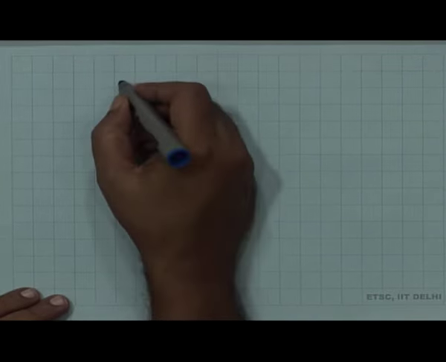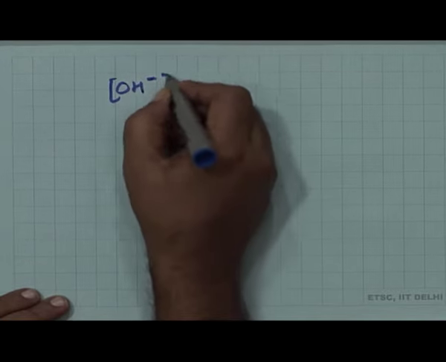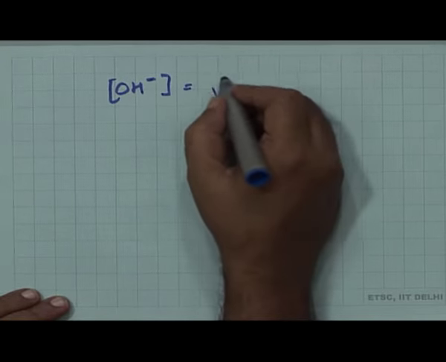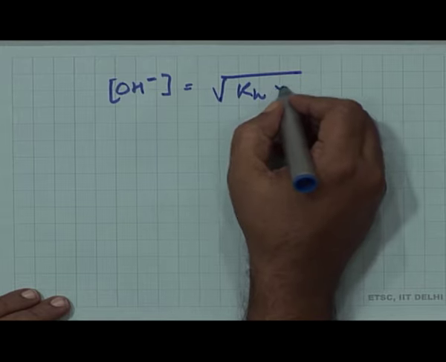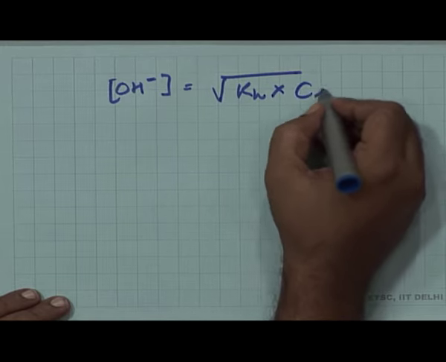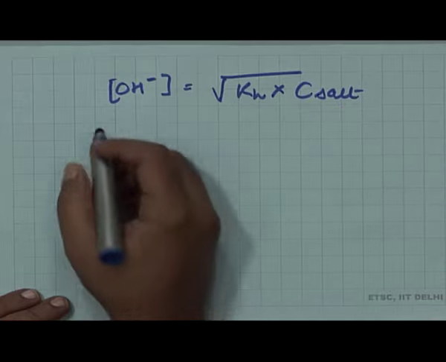Now, since we know OH minus ion concentration is equal to the square root of Kh into your C salt, we can write pOH.